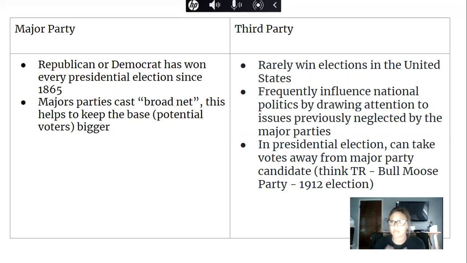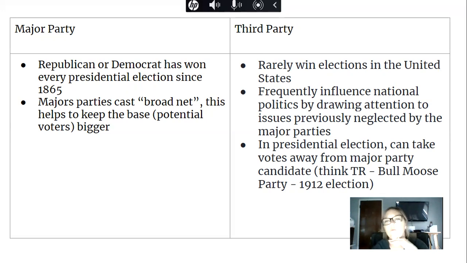But yes, in general, they both have very broad platforms, and that is because of the two-party system, they have to be able to attract as many voters as possible. So if they were getting very specific on certain issues, they would lose voters. So the Republicans and the Democrats have to keep things very broad. They have to cast a very broad net to ensure that they have as many voters as possible.